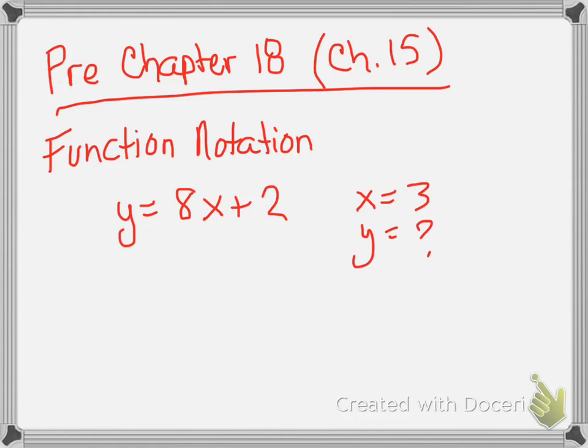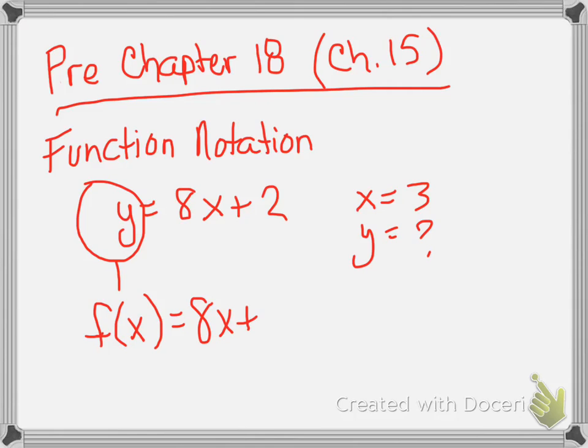Okay, function notation is when you replace the y with an f of x. What this means is that this equation is a function. When you put something into the equation, a specific number will come out, and so they call that function notation when you state it as f of x. So this reads f of x.